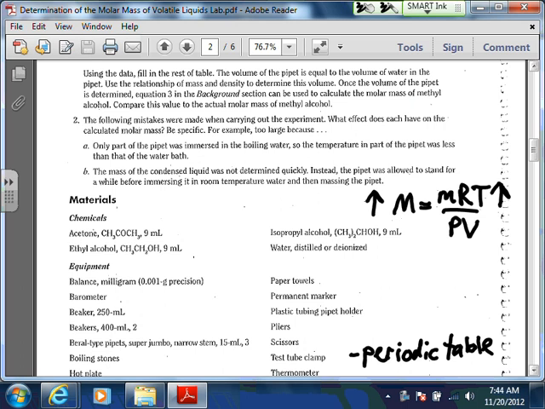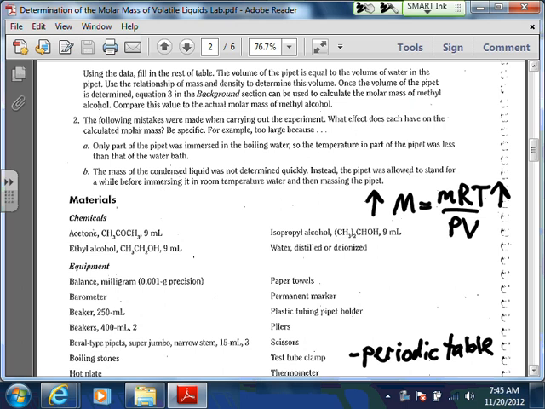And then the mass of the condensed liquid was not determined quickly. Instead, the pipette was allowed to stand for a while before immersing it in room temperature water and then massing the pipette. So if that happens, most likely some of that vapor that's in the pipette is going to escape before you condense it, which is going to reduce the actual volume of the condensed liquid.